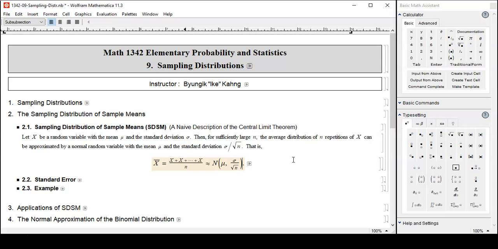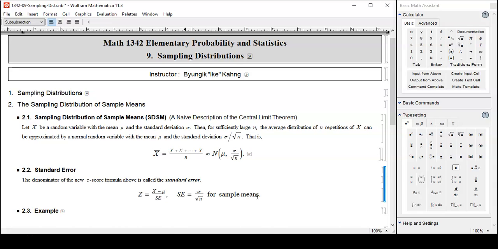The standard deviation of the sampling distribution of sample means is the standard deviation of the individual over square root of n. Too confusing. That's why people created another name, standard error. And this quantity, sigma over square root of n, will be called the standard error, SE.